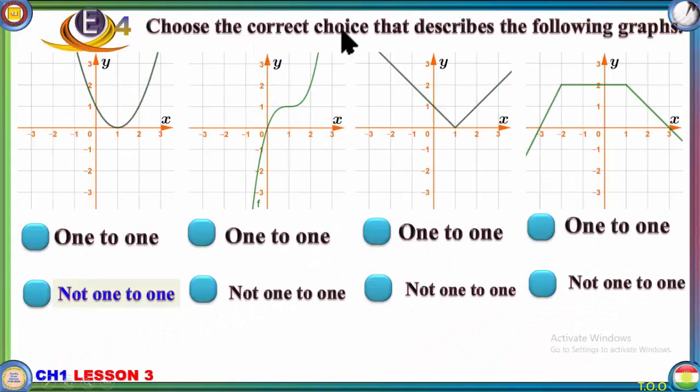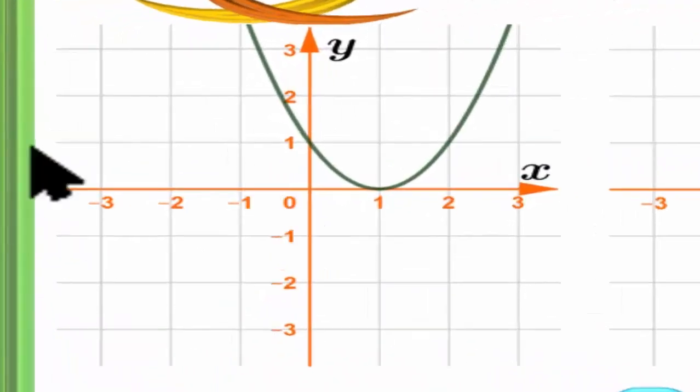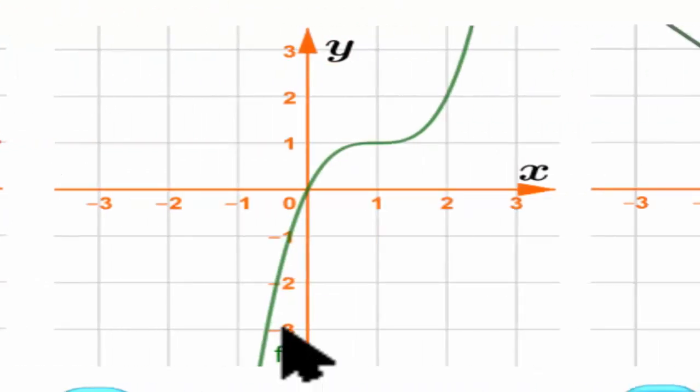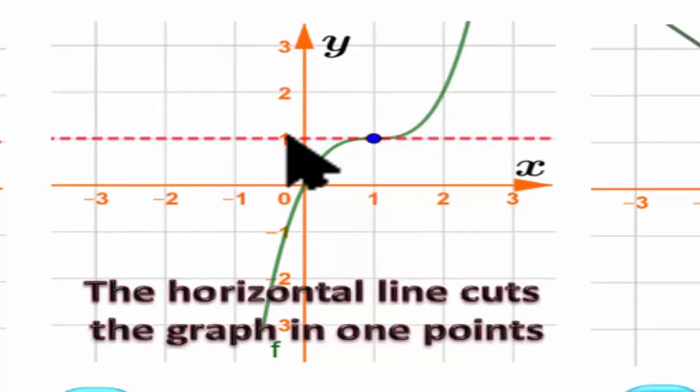Choose the correct choices that describe the following graph. Is the graph of the function one-to-one or not one-to-one? Now we are drawing the horizontal line. If we draw the horizontal line, you can see that it cuts this graph in 2 points. Therefore, this graph is not one-to-one. The second one, when we draw the horizontal line, we can see that it cuts 1 point.